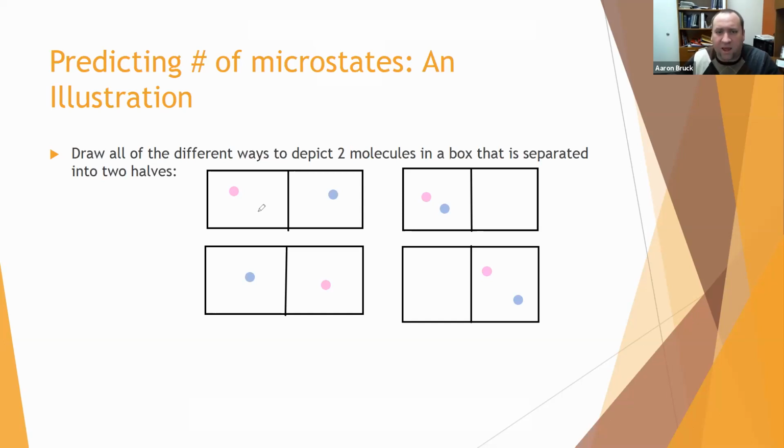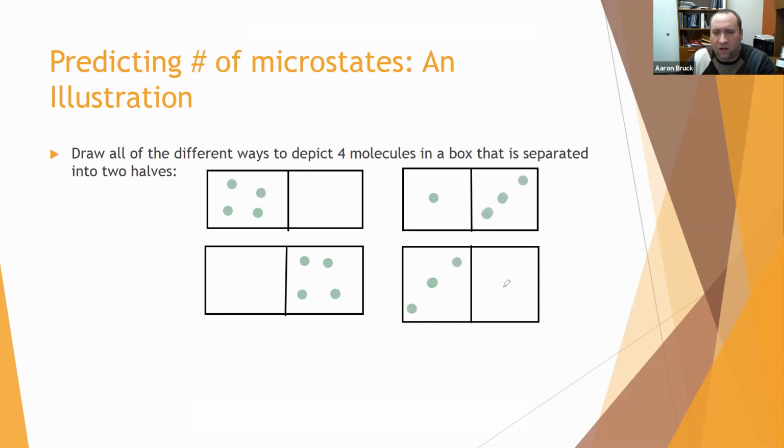Now let's take a look at a slightly more complicated example. Now we've got four molecules in a box separated by two halves. This time I'm going to make it slightly easier on us. I'm going to make all the dots the same color. All the dots are going to be green this time. So 4 dots. I could have 4 in that one, 4 in this one. I could have 1 over here and 3 over here.